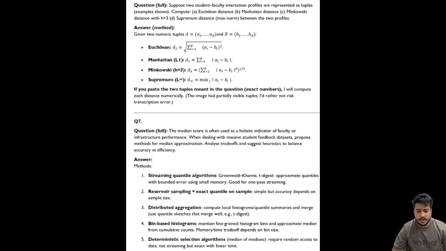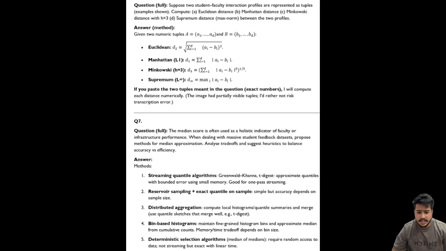Now question 7. The median score is often used as a holistic indicator of faculty or infrastructure performance when dealing with a massive student feedback dataset. Propose methods of median approximation, analyze trade-offs and suggest heuristics to balance accuracy and efficiency.